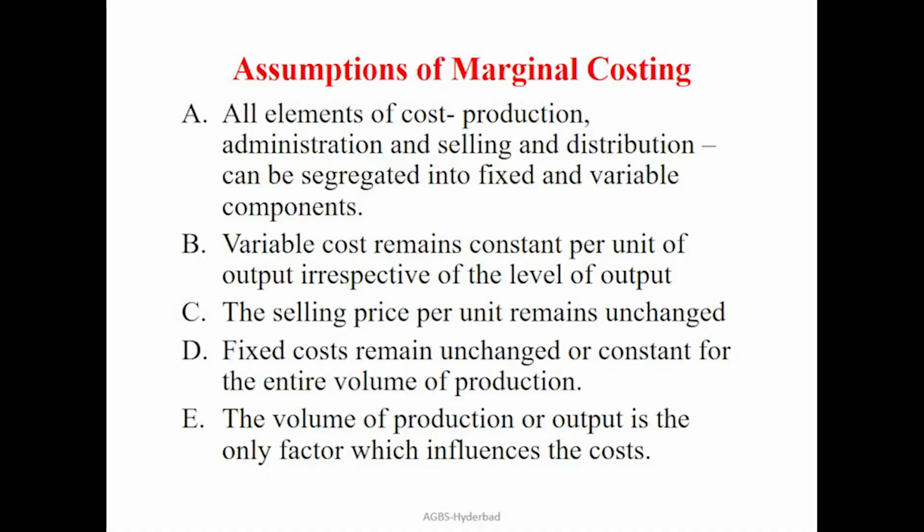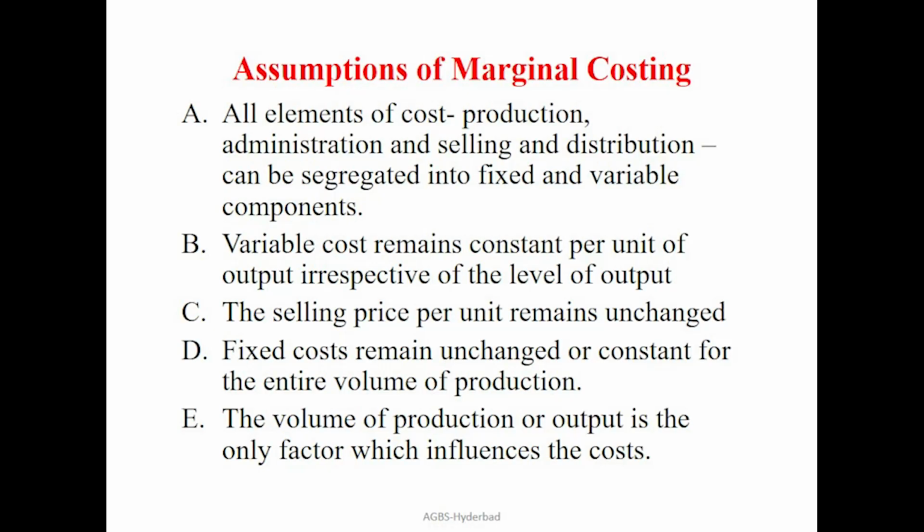The assumptions while using the marginal costing method are that all elements of cost, that is production, administration, and selling and distribution, can be segregated into fixed and variable components.